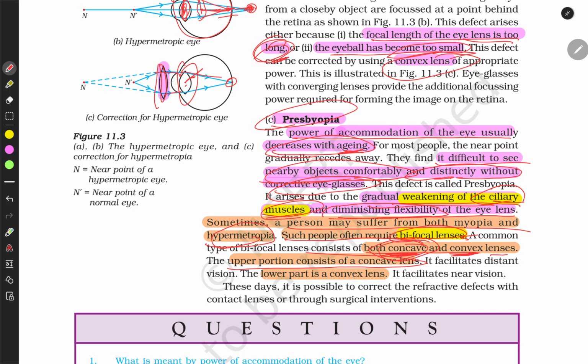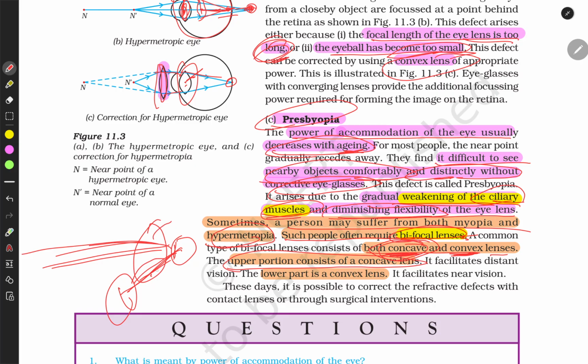The upper portion is concave, because we see far objects through the upper portion of the eye. While reading and looking closely, we use the lower lens. The upper lens is concave and the lower lens is convex.